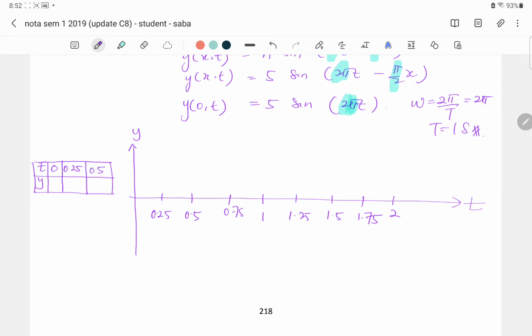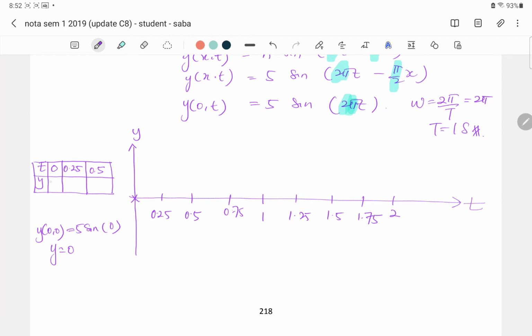Okay, so saya gantikan dulu. Okay, y 0, 0 equal to 5 sin 0. Okay, so 5 sin 0, press your calculator, make sure your calculator in radian mode, so you can have your y equal to 0.